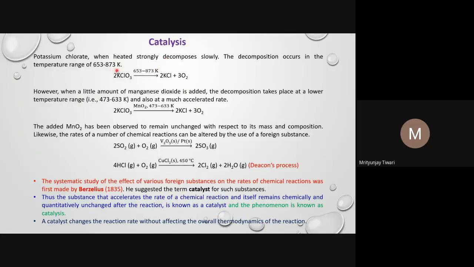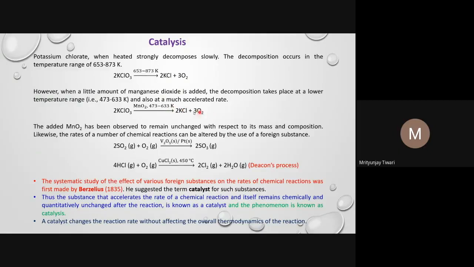Now if you start with the example of potassium chlorate, when it is decomposed we require a temperature of 653 to 873 Kelvin, and then it gets decomposed into KCl and 3O2. Even at this temperature, this reaction happens very slowly. But if you add just a little amount, a trace of manganese dioxide, we see that this reaction happens at a much lower temperature and also with an enhanced rate.